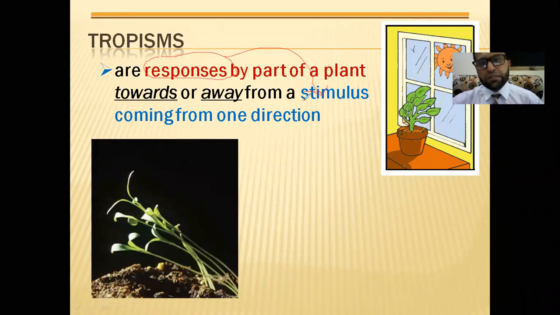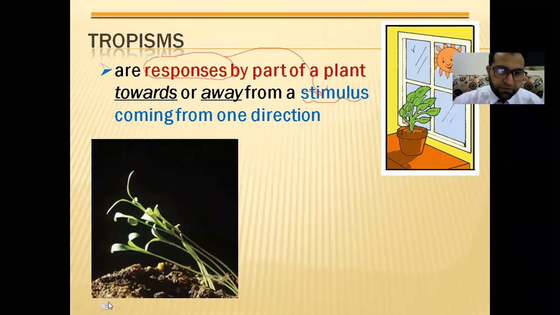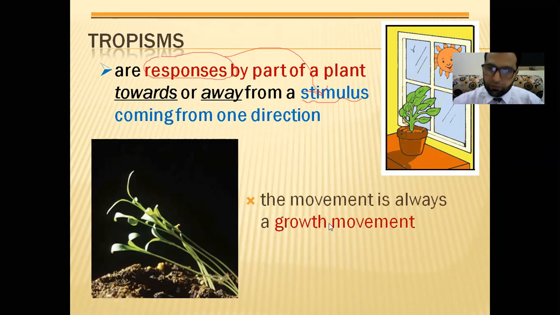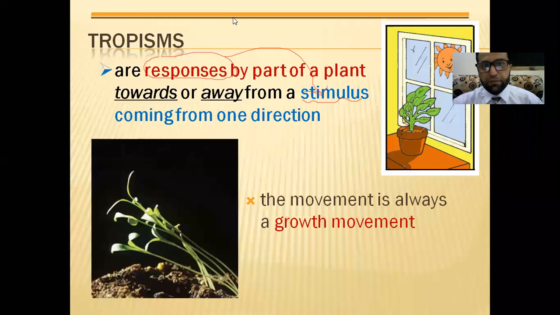You know, stimulus is actually a change in environment or some change that's sensed by the plant, and that plant shows reaction toward that. So that is actually tropism. Now the reaction of plant is in the form of growth movement.